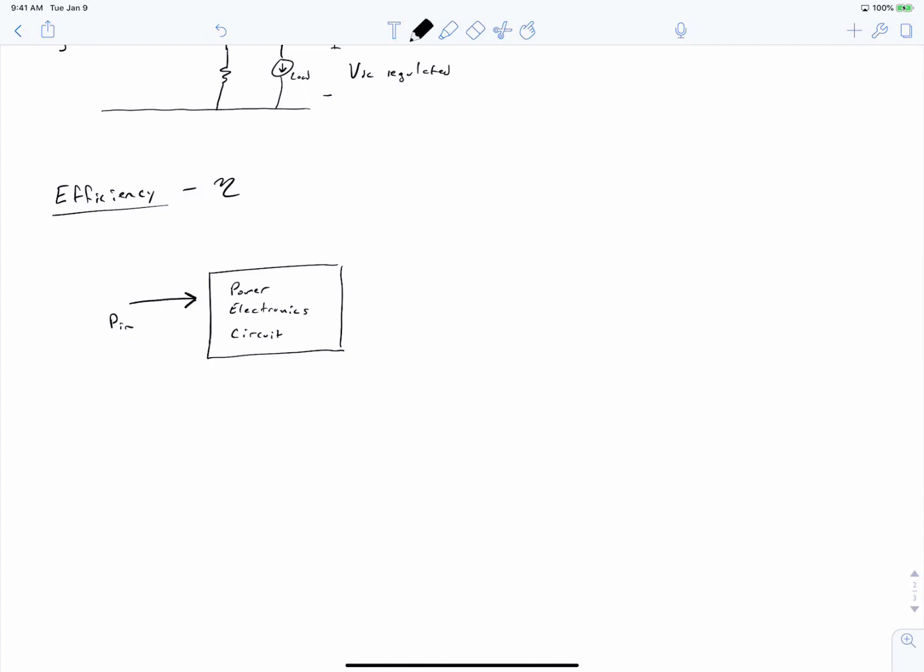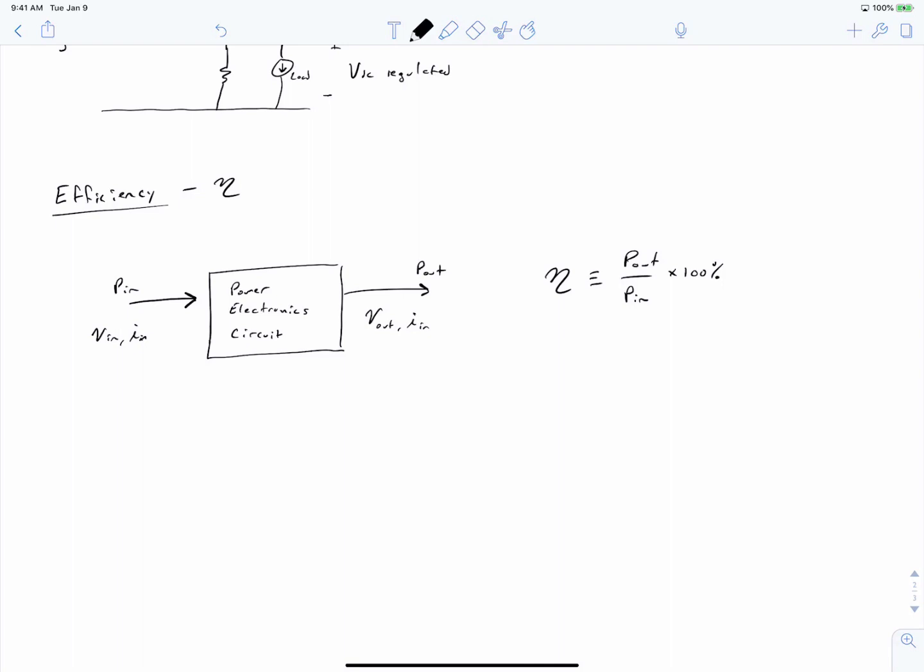And we have some kind of useful power coming out of this circuit, P out. In the case of a power electronic circuit, we typically will have some kind of input voltage, input current, and then an output voltage and current. Perhaps these are different values. So P in and P out are related to efficiency as follows.